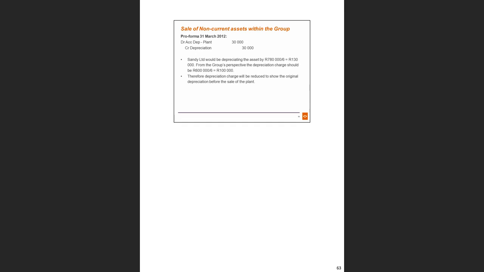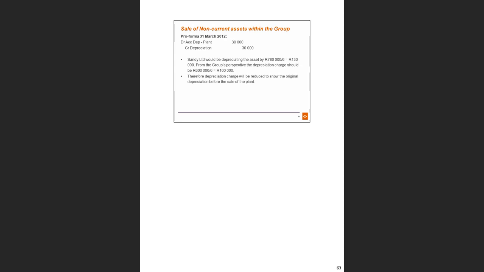We're basically pretending that this sale never took place. So we want the depreciation to be what it would have been had this asset never been sold. So if Eddie kept this asset, he would have continued to depreciate it by 100,000 Rand. So that's what we want the depreciation to be.